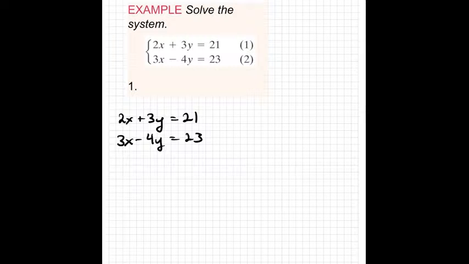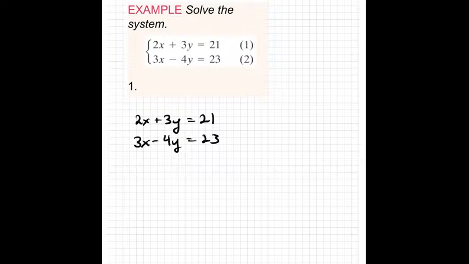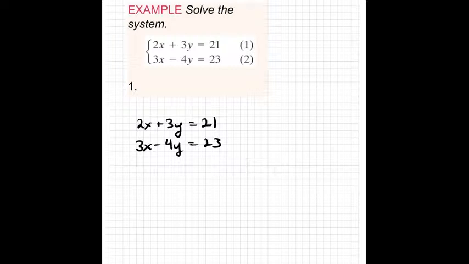So I'm going to multiply the first row by 4 and the second row by 3. So we can multiply this row and every term in it by 4. And then we're going to multiply this one by 3 to generate our desired result.